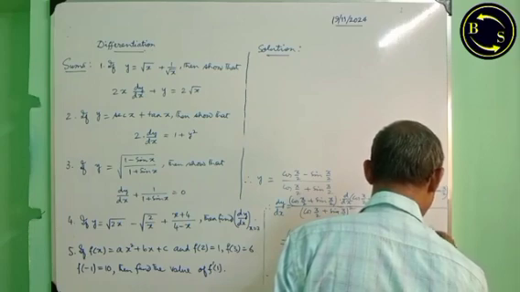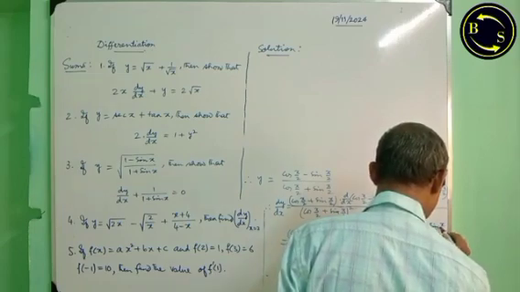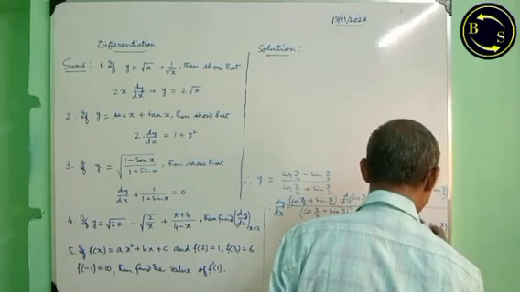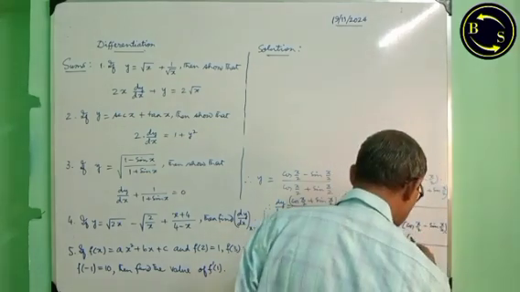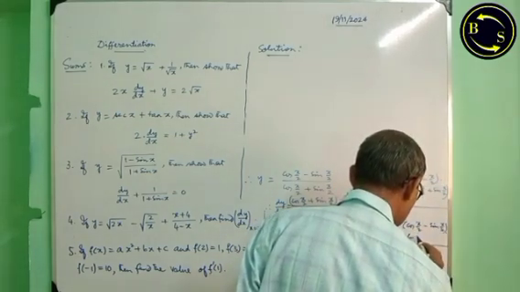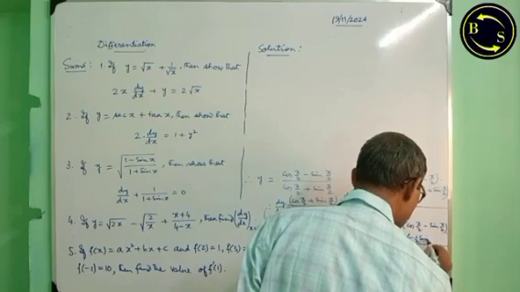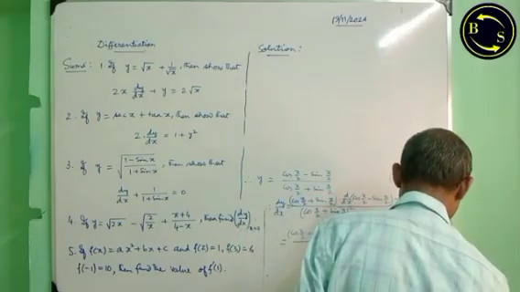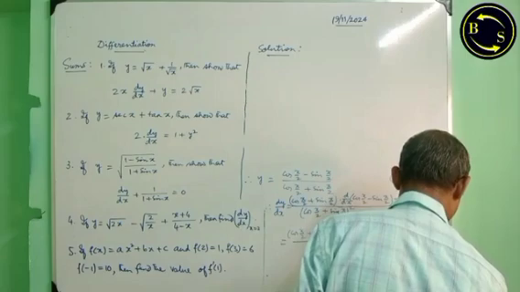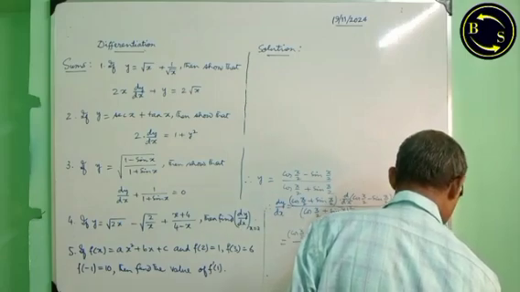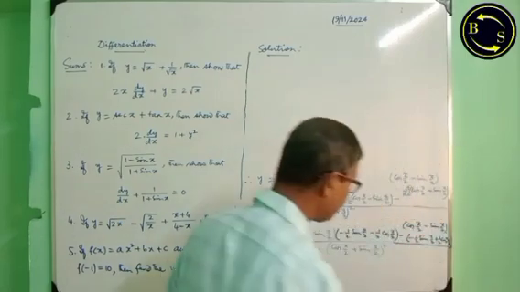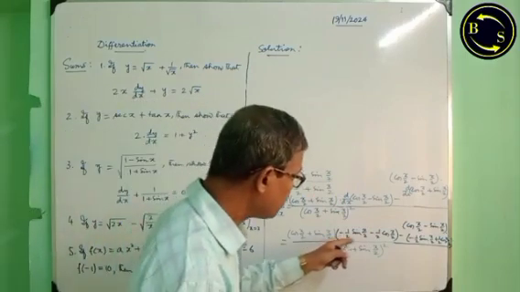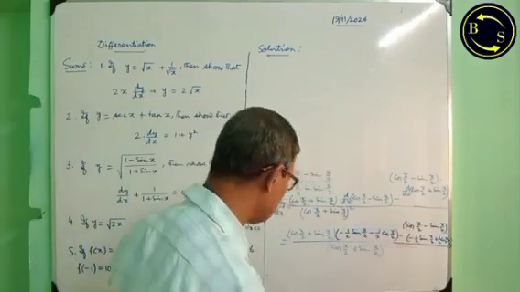Minus cos x by 2 minus sin x by 2 into the derivative of this one, minus half sin x by 2 plus half cos x by 2. Now minus half is there.